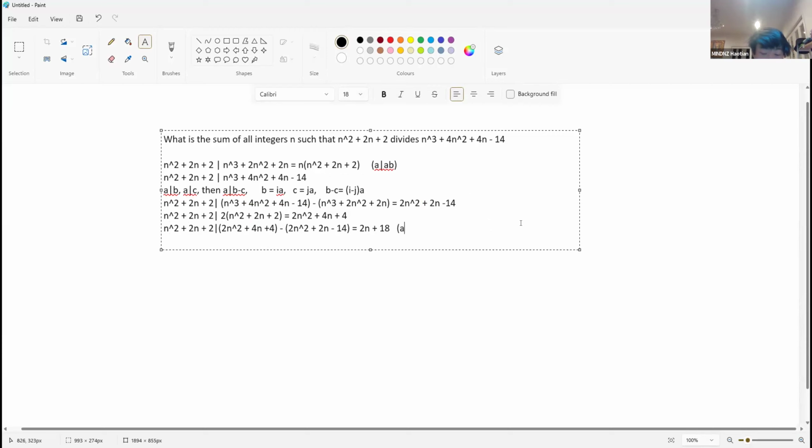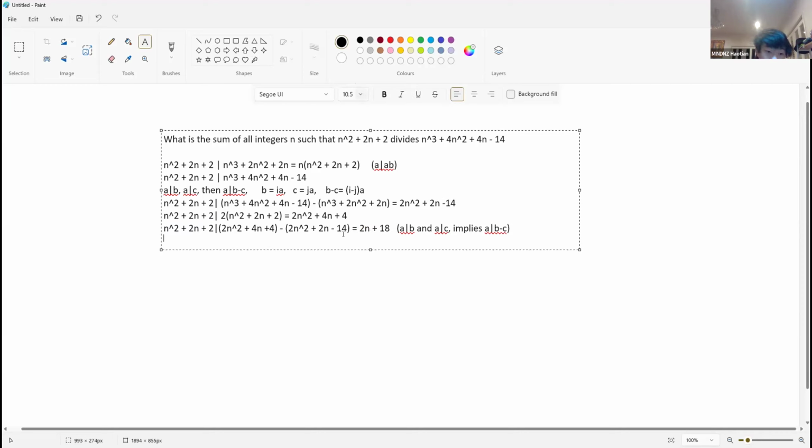Yep. Again, we use the fact that a divides b and a divides c implies a divides b minus c. And now we notice something, right? Normally, if a number b is divisible by a, b should be bigger than a. However, n squared plus 2n plus 2 will most of the time be bigger than 2n plus 18.